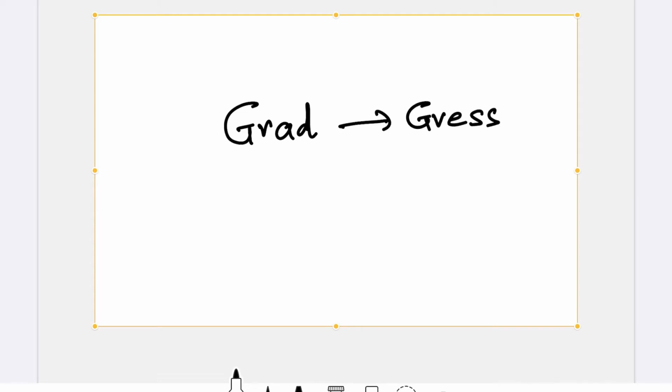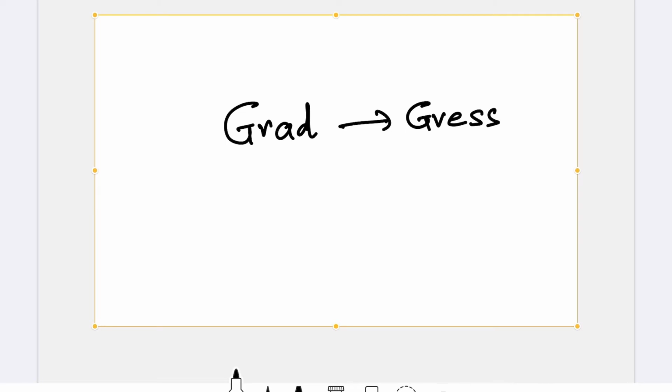So, what is today's root word? Today's root word, which we are going to learn, is a Latin root word and it is grad. Grad, grad. A variant of this grad is gress.